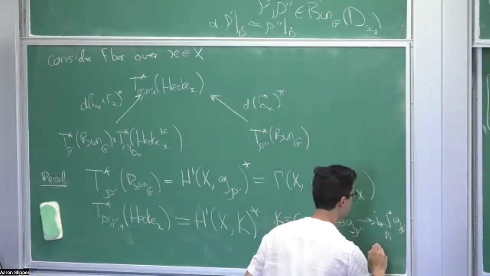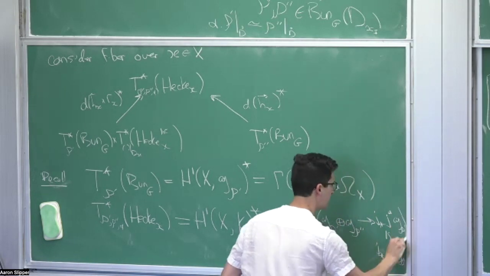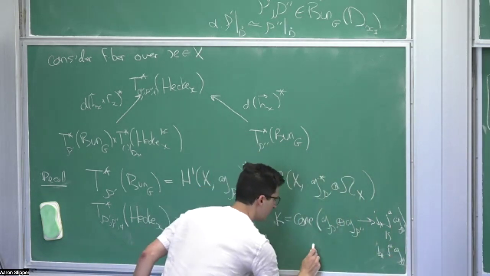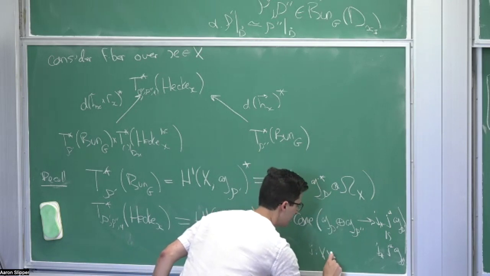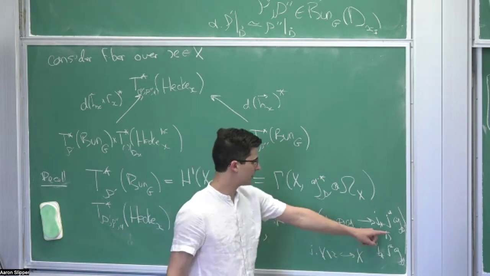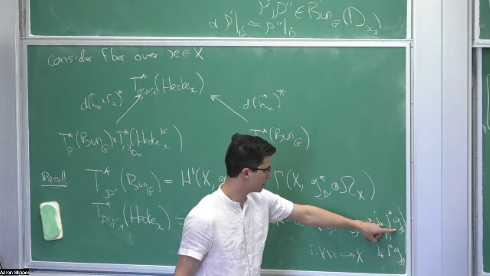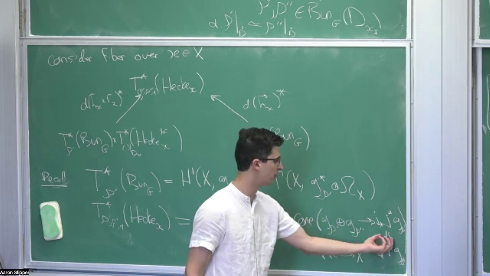This is isomorphic to G sub P prime prime. So J is this open embedding of X minus points into X. And then I restrict G sub P prime to this open curve, and then I push forward. And these are isomorphic because of alpha.